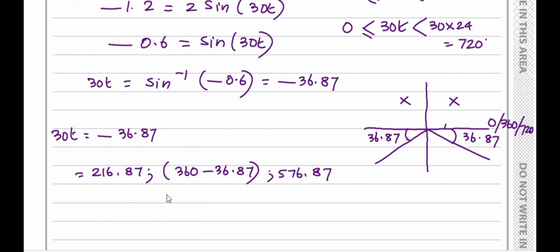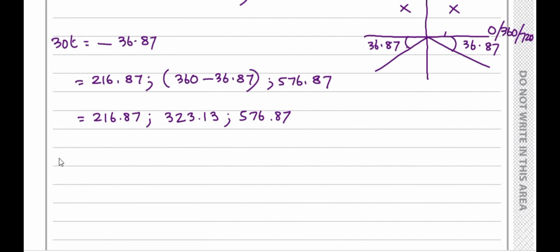Okay. So let's analyze what is the second value. The first value is 216.87. No change there. The second, putting into the calculator, is 323.13, and the third one is 576.87. Okay, so in order to find t now, we need to divide each of these values by 30.